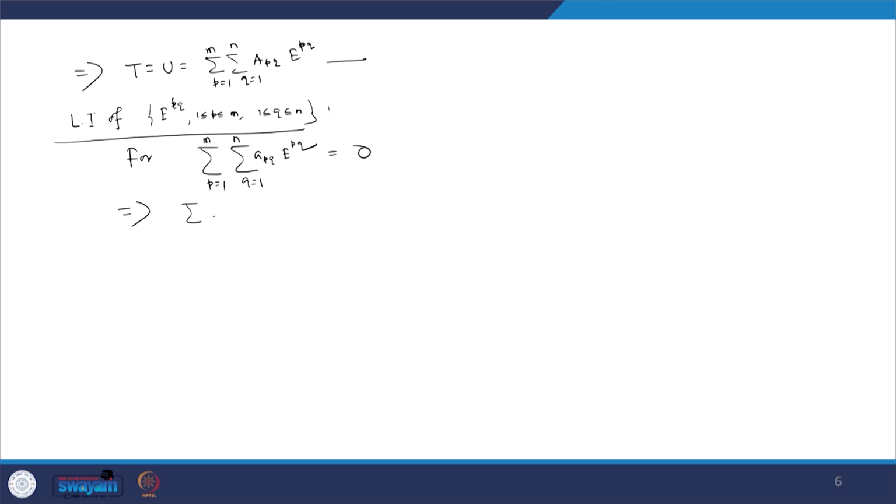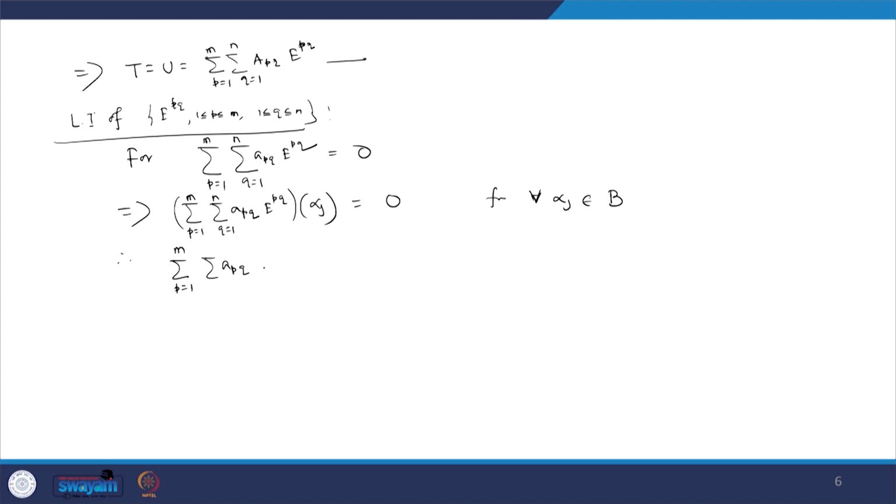So, the sum of a_pq E_pq when operating on alpha j is equal to 0 for all alpha j belonging to the basis B. So, for a particular alpha j, this is equal to the sum over p equal to 1 to m of a_pq E_pq operating on alpha j.